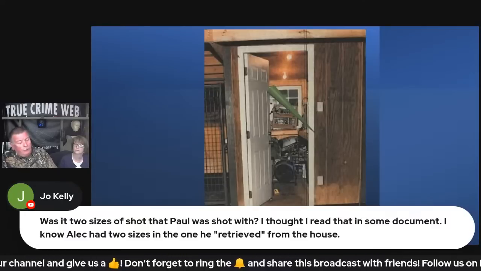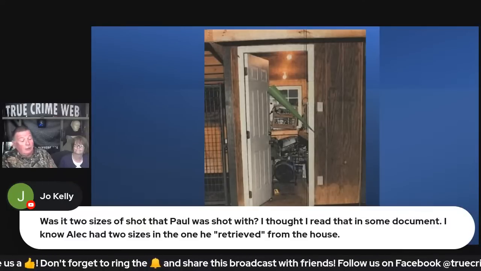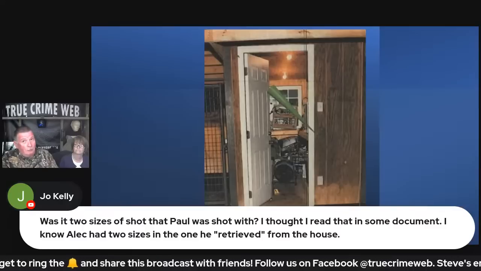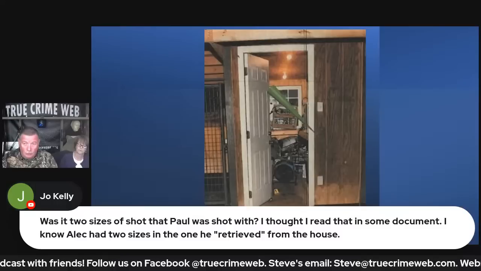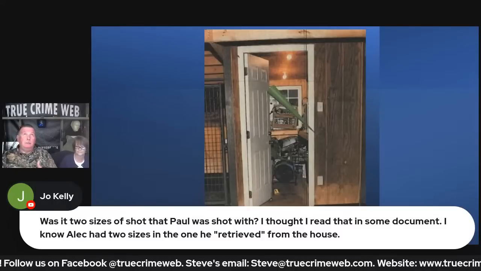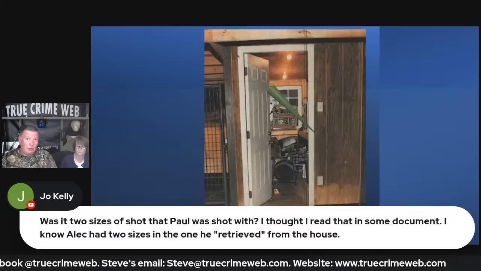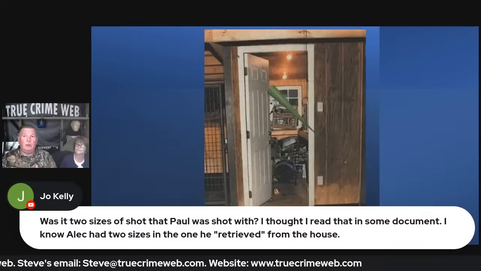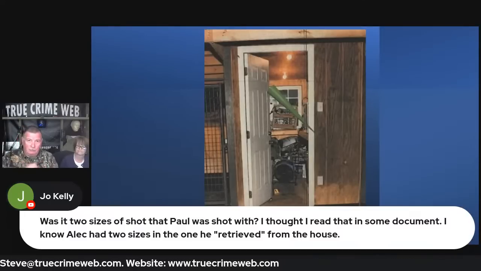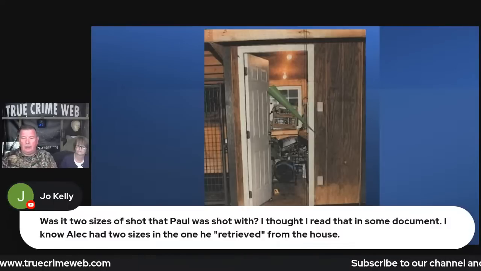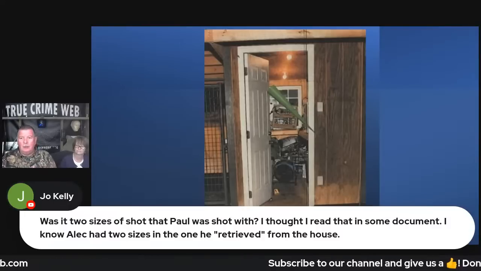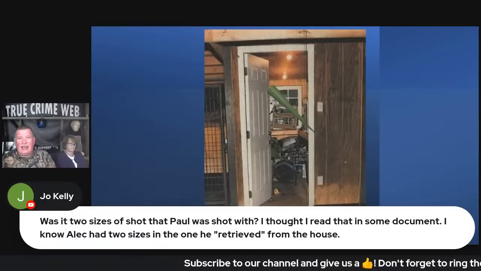Of the two shots described now about the injuries to Paul, one of them, my understanding, was double-aught buck, which is an extremely large pellet. And when I say caliber, there are certain size pellets that fit a certain size.